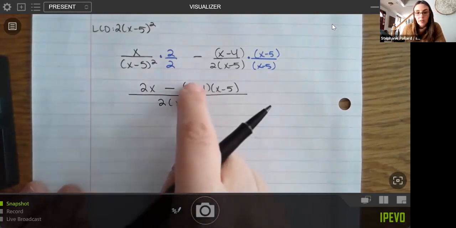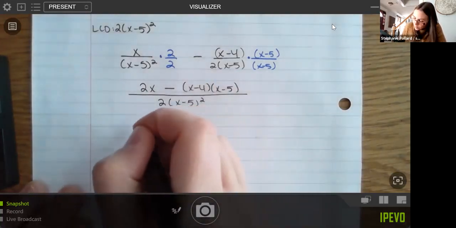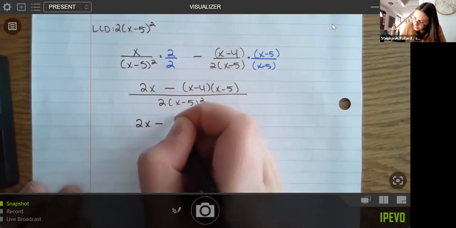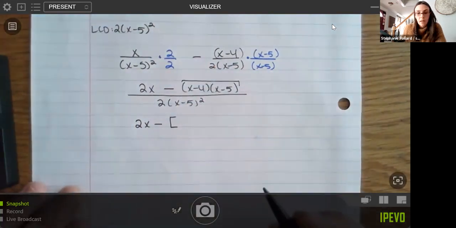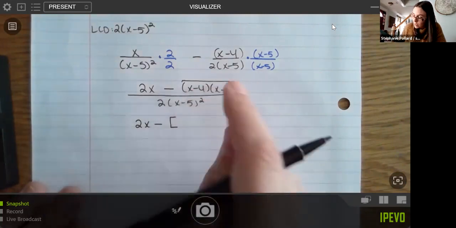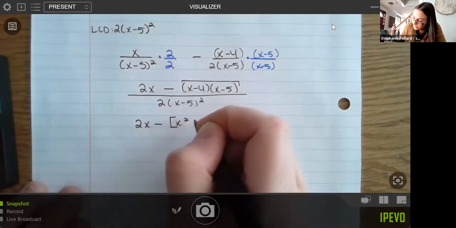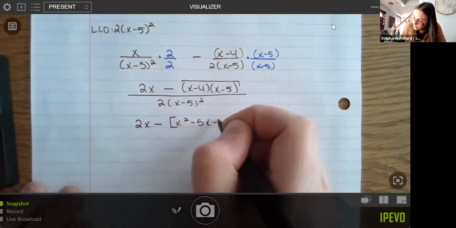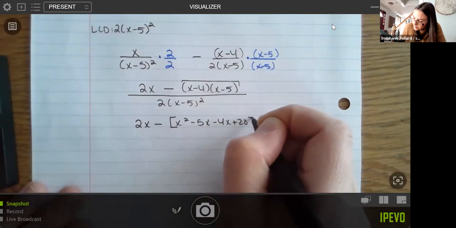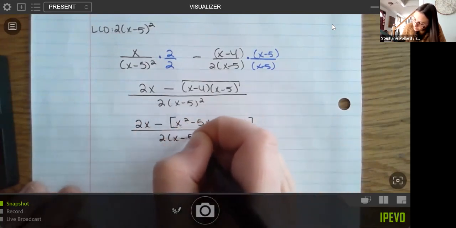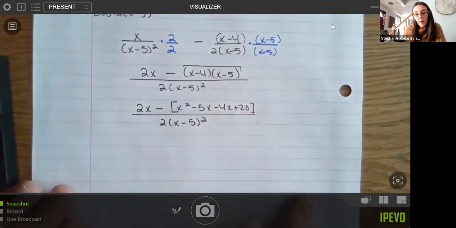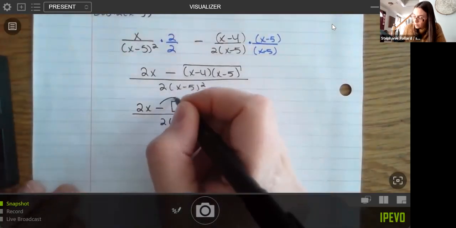Now I do have a bit of work to do here. I have that 2x minus, and I'm going to take my time and multiply this out first. Remember, we do multiplication before subtraction. So I would have x squared minus 5x minus 4x plus 20. And now I can start distributing that negative to the group.